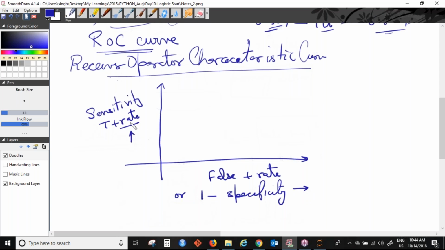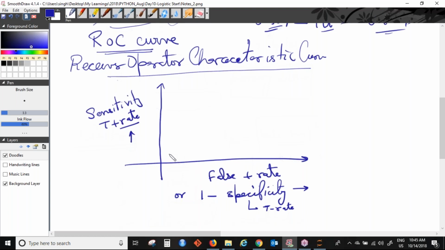So it is a curve between sensitivity, which you already know, and specificity, which you already know, but it is 1 minus specificity, not specificity directly. Specificity is true negative rate. So 1 minus true negative rate is false positive rate. So it is a plot between these two.